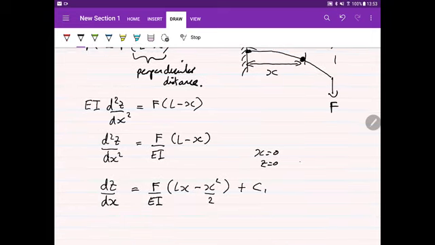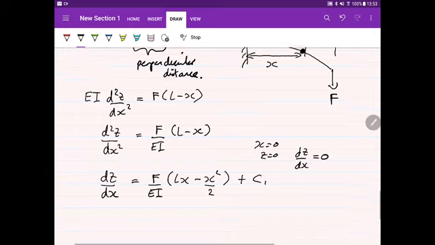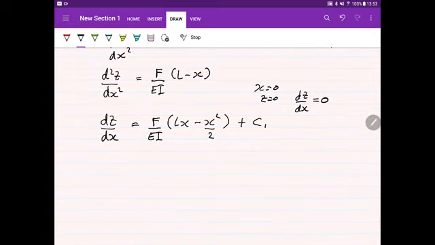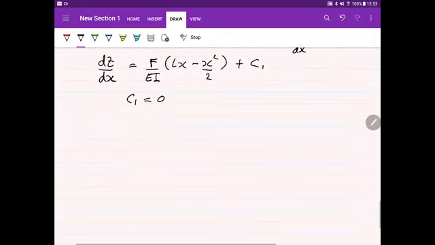So we could also write down that dz by dx equals 0. So plugging those numbers into this equation, we've got that 0 equals F over EI times the bracket, and both the x terms are going to be 0. So 0 equals C1, which means that C1 must equal 0, and therefore we can get rid of that.